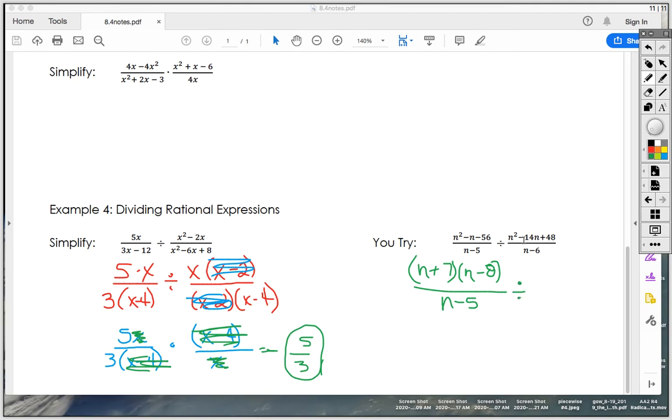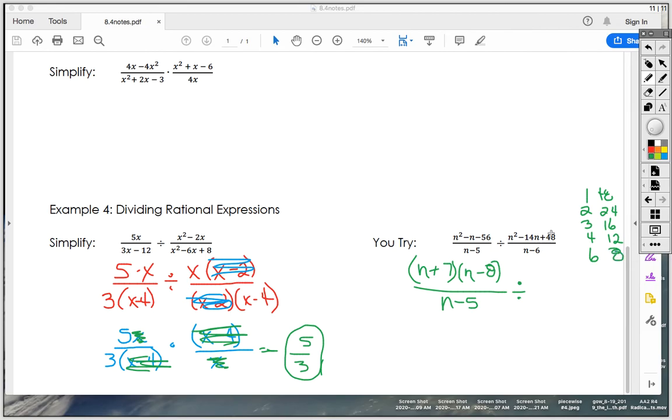Divided by, again, all we're doing is factoring. Let's keep it simple. Factors for 48. So we have 1 and 48, 2 and 24, 3 and 16, 4 and 12, 6 and 8.